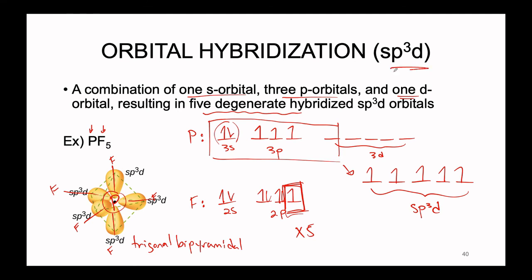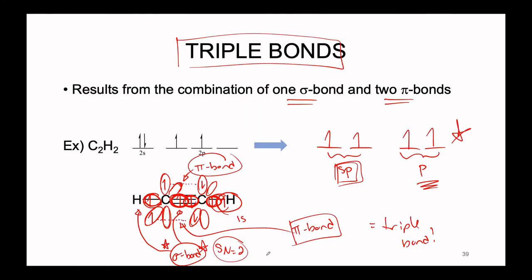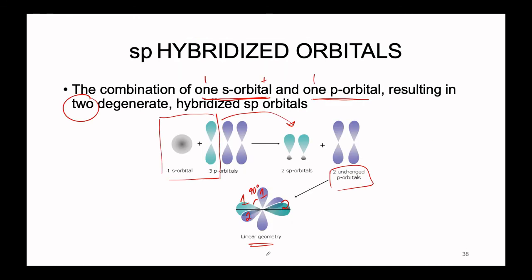We have the sp3d hybridization, which allows for the trigonal bipyramidal geometry around the central atom and can be predicted via a steric number around that central atom equal to 5. We have the sp hybridized case, which accounts for the linear geometry around a central atom and can be predicted due to a central steric number equal to 2.